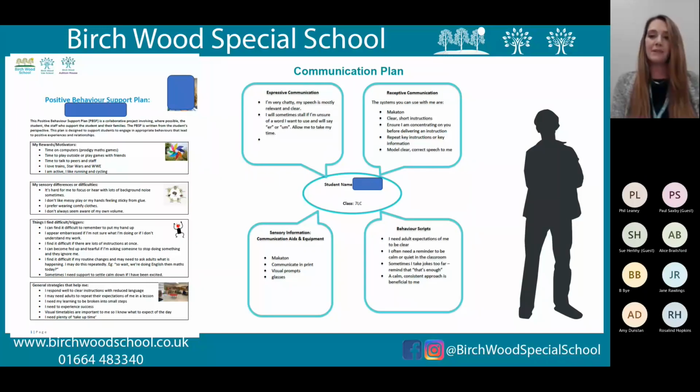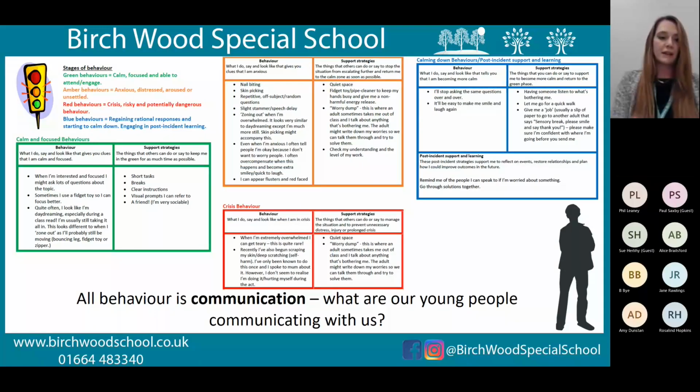And then we do have a behaviour script on there, which is an overview at this stage, because we then have a traffic lighted stages of behaviour section. So in here, we're simply describing the stages of that person's behaviour, so how they might look when they are really calm and engaged in the lesson or the situation, because it doesn't just apply to learning situations, this is all of the time.